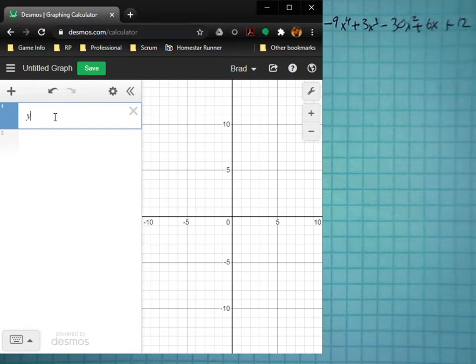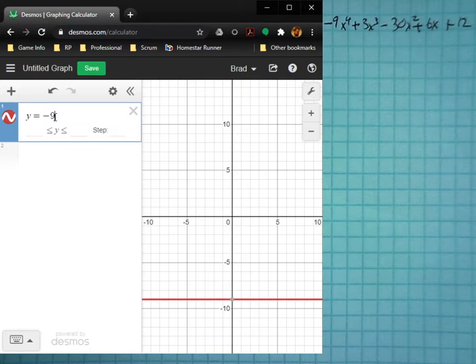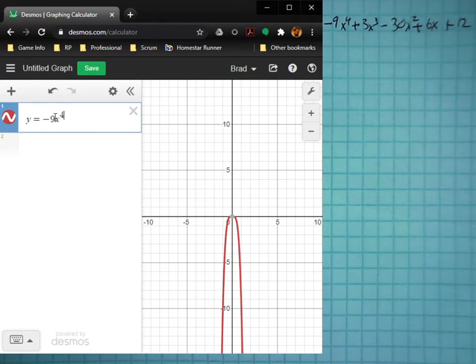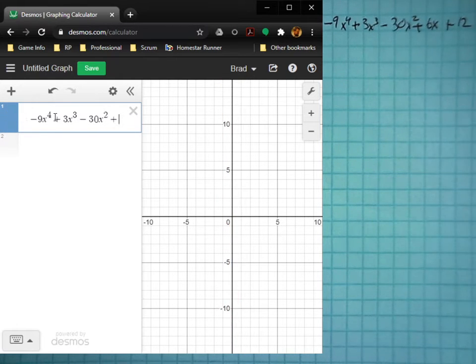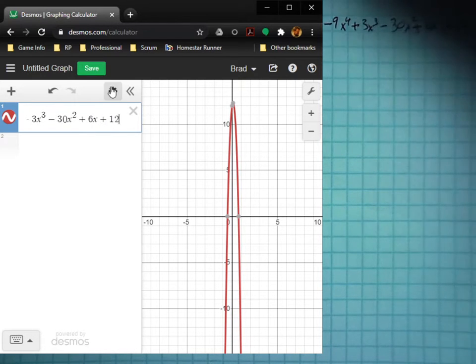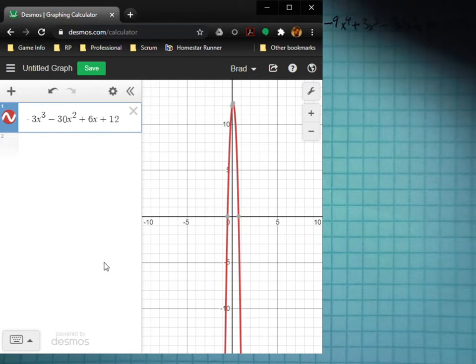So y equals negative 9x to the fourth plus 3x cubed minus 30x squared plus 6x plus 12. All right.